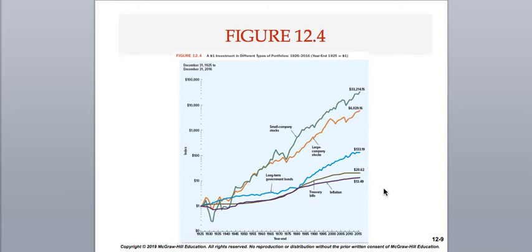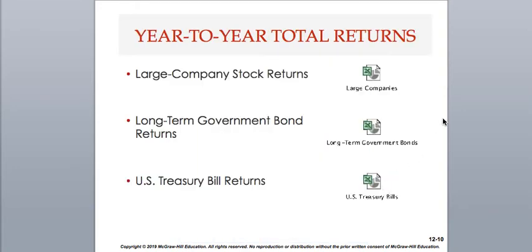And we'll talk some more about that in a bit. So small company stocks historically earn the highest return. Why? Because they are the riskiest. So if you want to take a closer look at the data, you could click on these Excel files to get a closer look at the data.